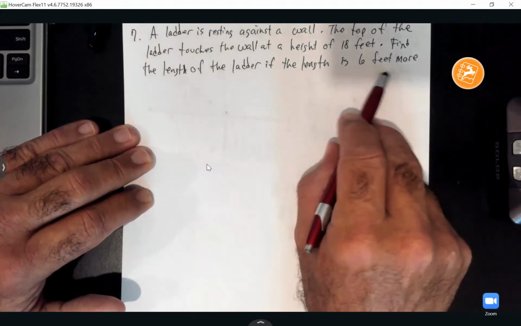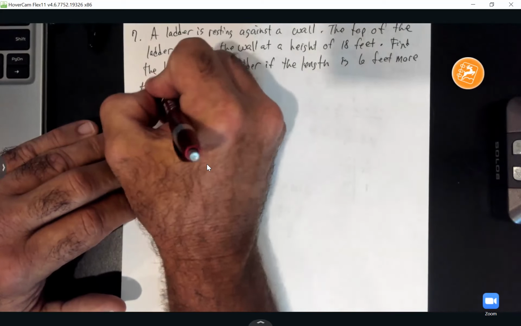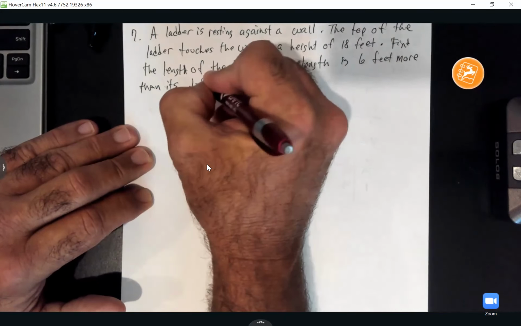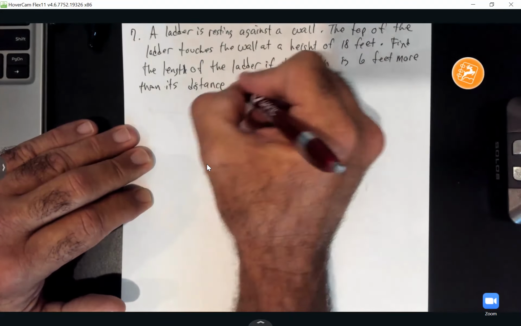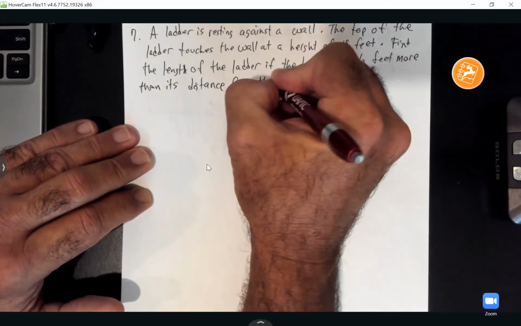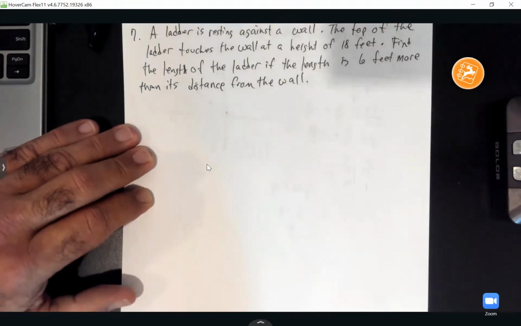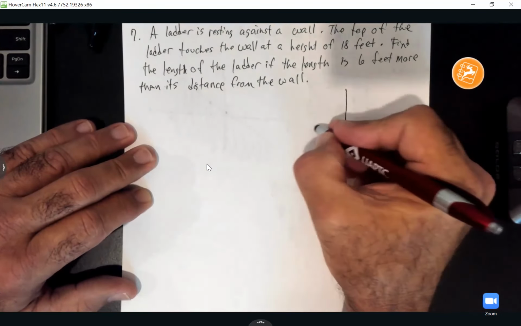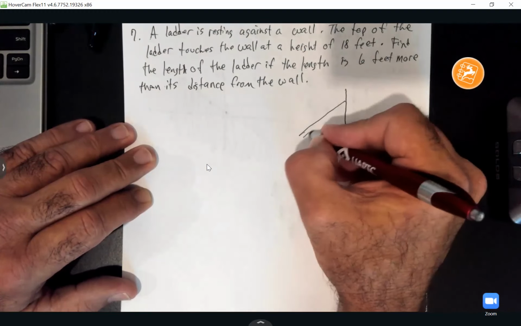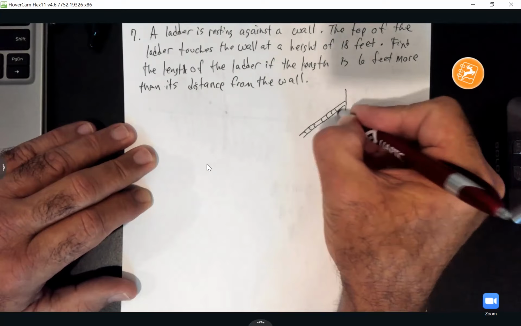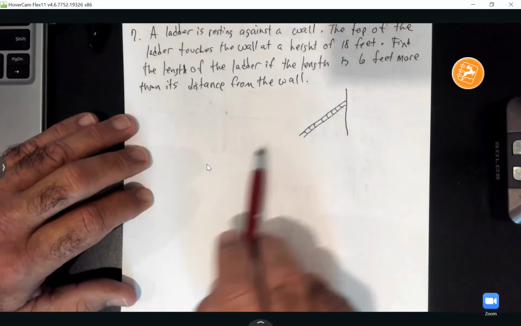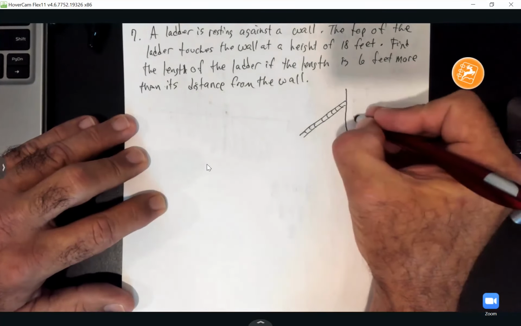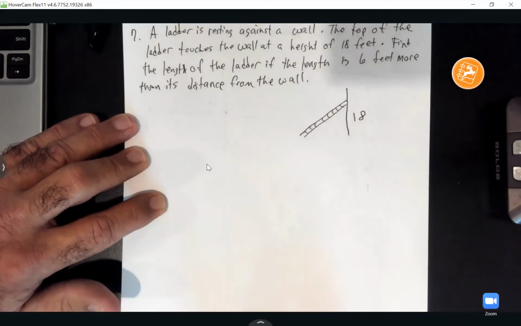So if the length is 6 feet more than its distance from the wall. So I think I'm about to draw me a picture. I'm going to have me a wall over here, and then I got my ladder leaning up against it. So the first thing they told me, the top of this ladder up here touches the wall at a height of 18 feet. So they're telling me this side over here is going to be 18 feet.